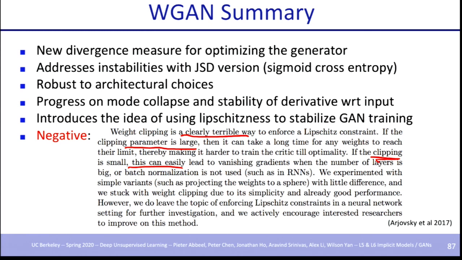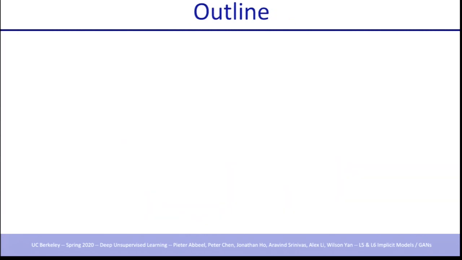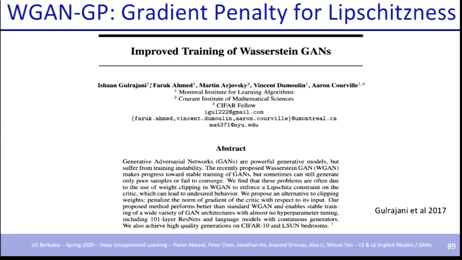But they encourage people to work on it, make new versions of Lipschitzness, which was really useful. And the next version was called the WGAN GP, which is basically Improved Training of Wasserstein GANs by Ishaan Gulrajani and others. So it's basically going to change the weight clipping version.